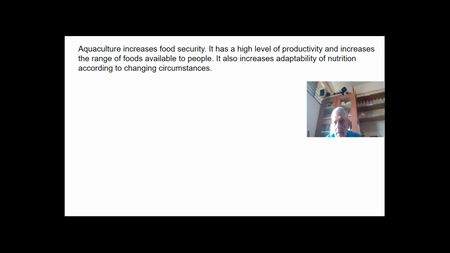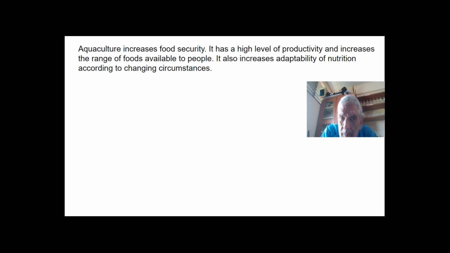But aquaculture has several advantages. For instance, it increases food security. It has a high level of productivity. Fish farming is much more productive than animals such as cows and goats and so on. So it has a high level of productivity and increases the range of foods available to people.